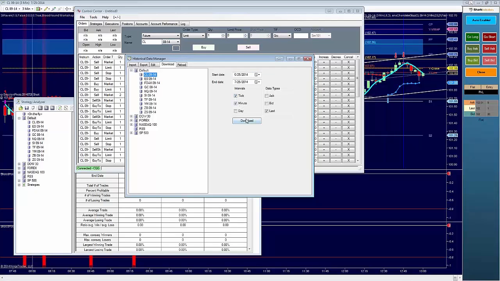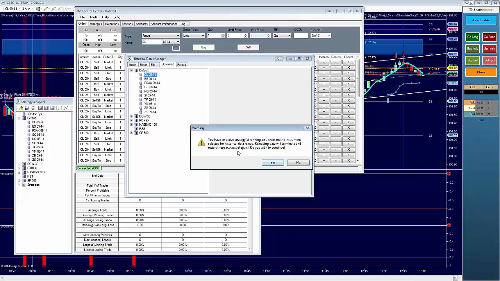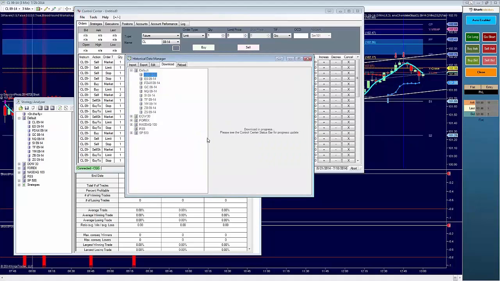We're going to do tick and minute and download that data. Have an active strategy. Yeah, it's fine. All right, so we first have to download the data, which I guess I probably already had, but then you have to disconnect from the data feed to use the strategy analyzer. And then I'm going to show you how you can optimize the profit target and stop loss.